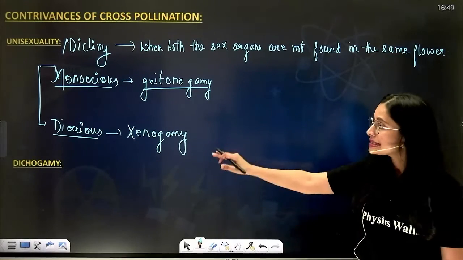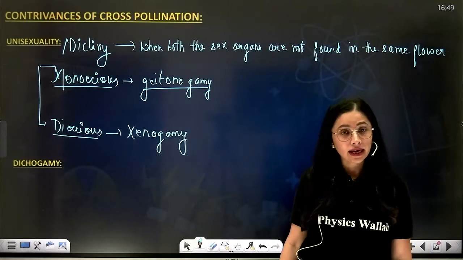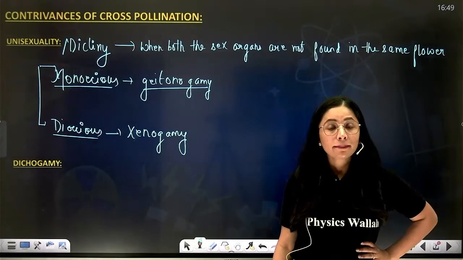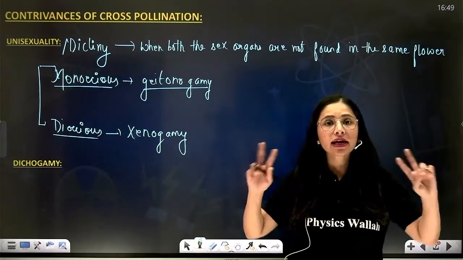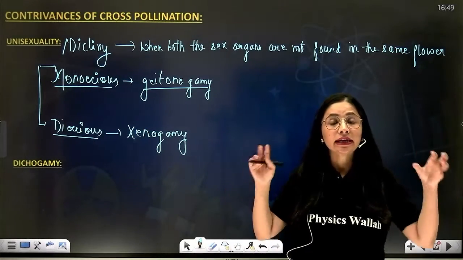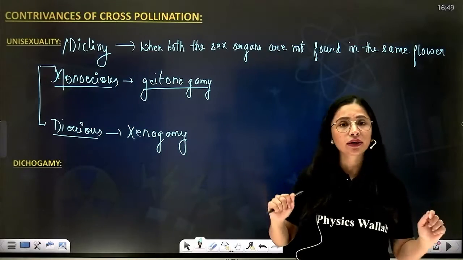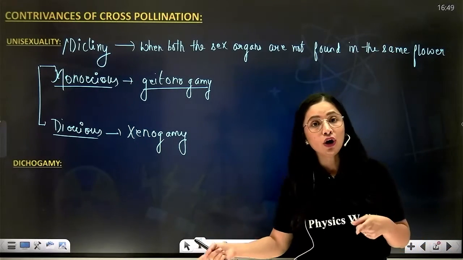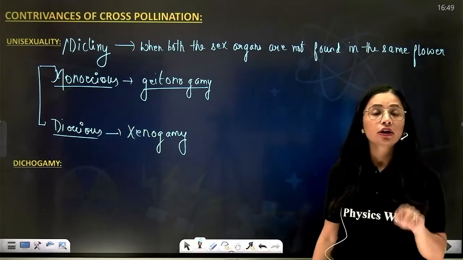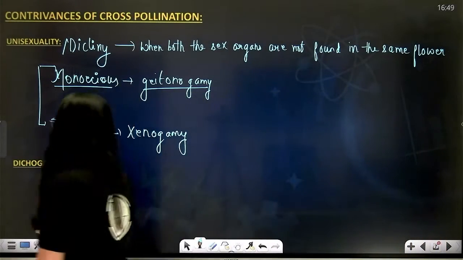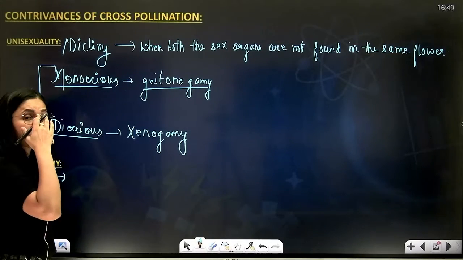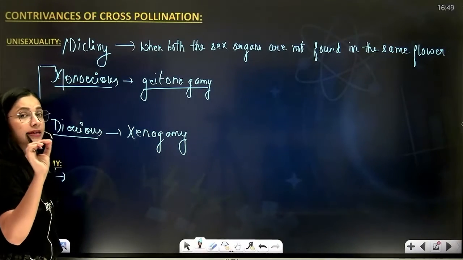Okay. Second important contrivance is dichogamy. Suppose a flower is bisexual. But if the maturation time of both the sex organs, even in the same flower, is different, then even after having bisexuality, it will show cross-pollination. So dichogamy means there is no synchrony in the maturation of male and female sex organs.